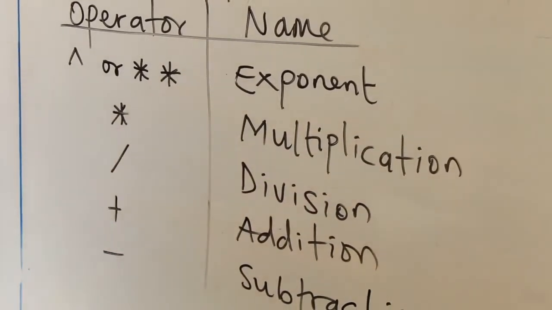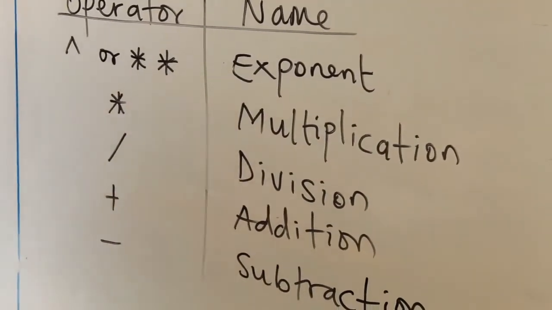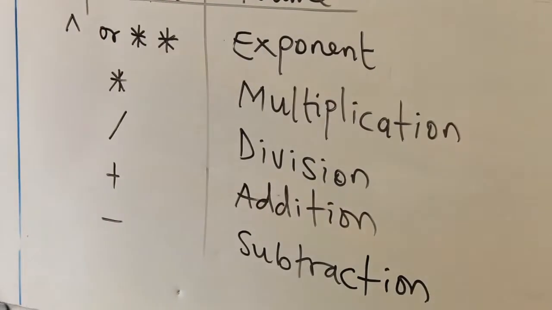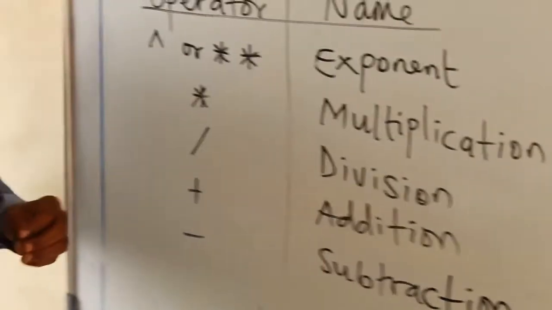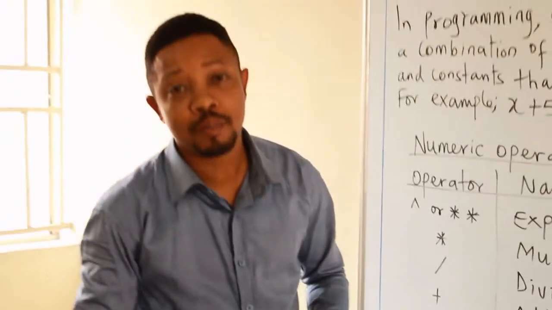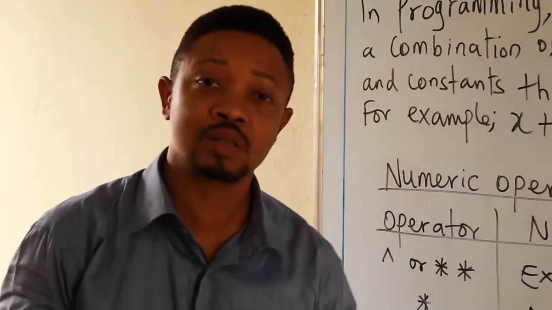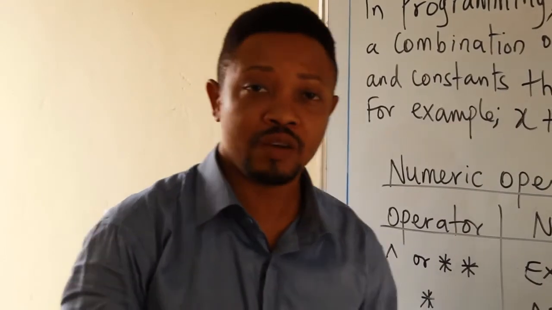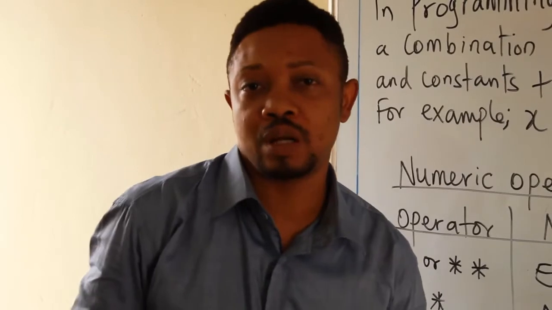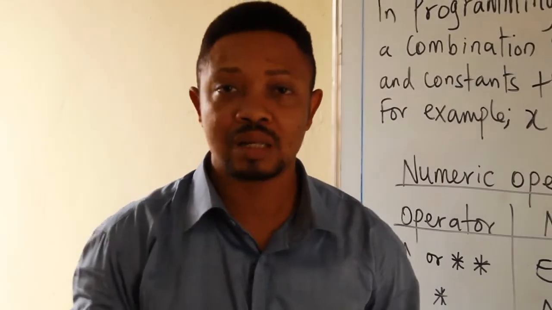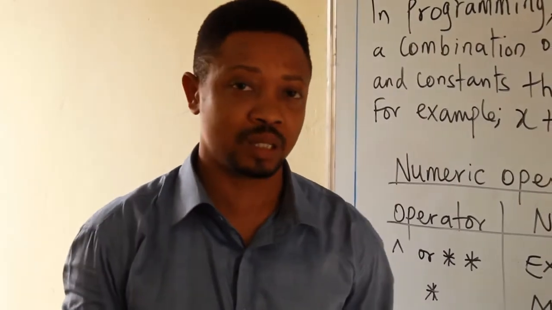We have the division, which is the forward slash. We have the addition and the subtraction. Note that these symbols are derived from mathematics. In mathematics, we have these symbols and they are used for evaluation of expressions. The same way we evaluate expressions in mathematics, that's the same way we evaluate expressions using QBasic.